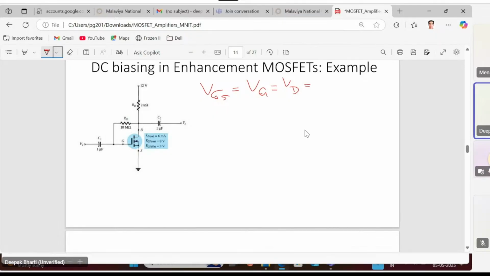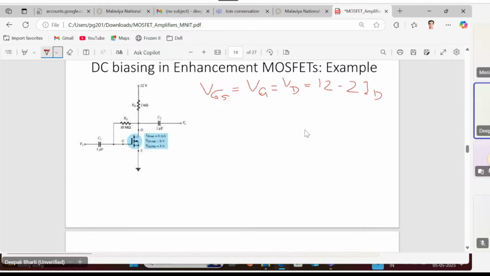VD. Now what is VD? VD is 12 minus 2 ID. You can notice that I'm not writing any kilo and milli here. If you write kilo and milli everywhere, solving the equation will become tedious. So that's why it is advisable not to use any kilo and milli while solving these equations.